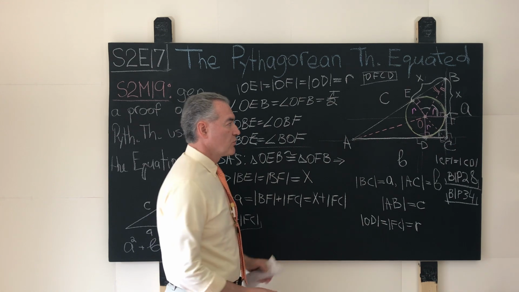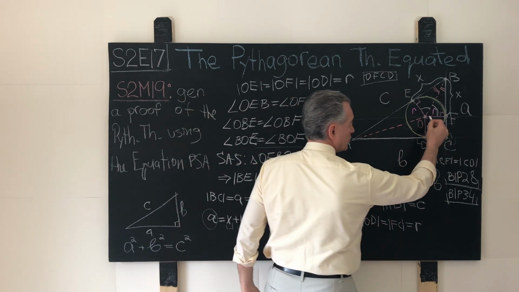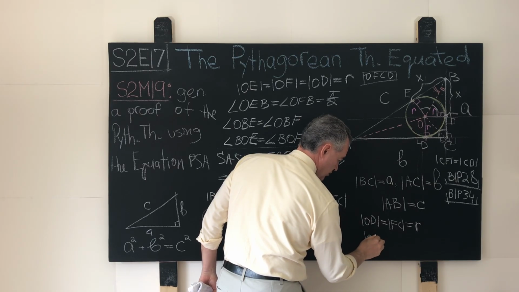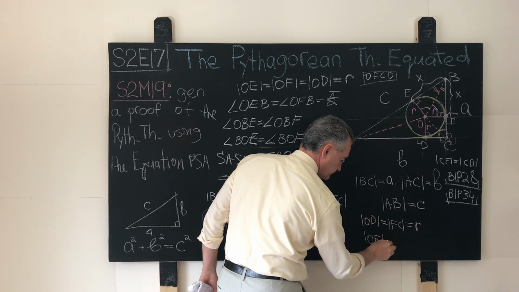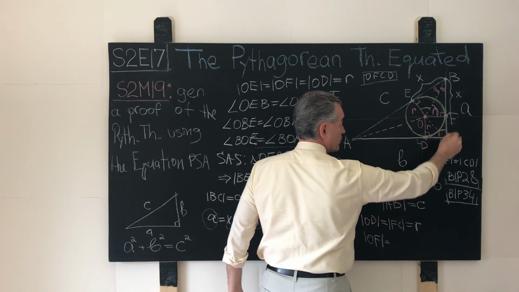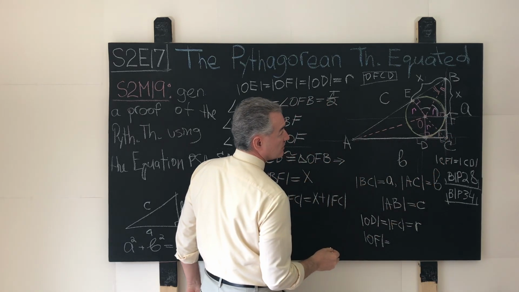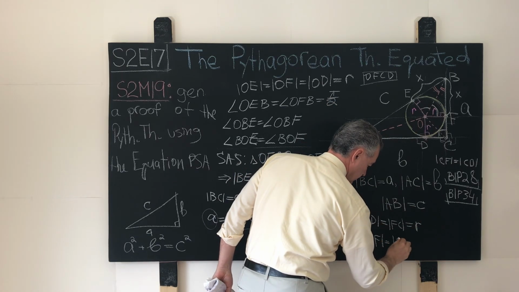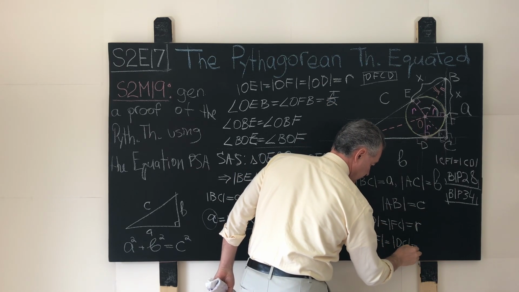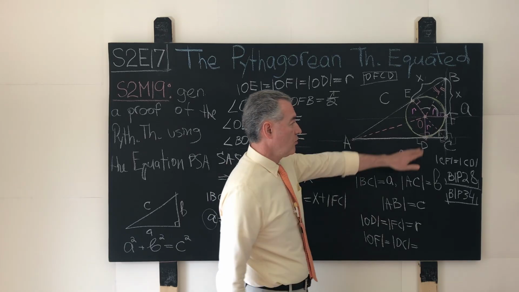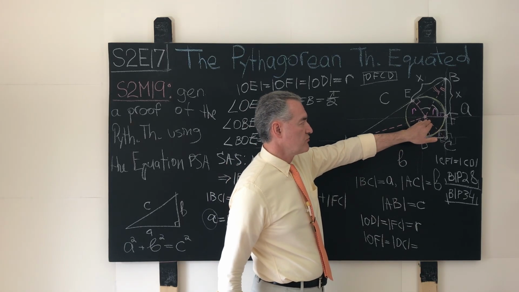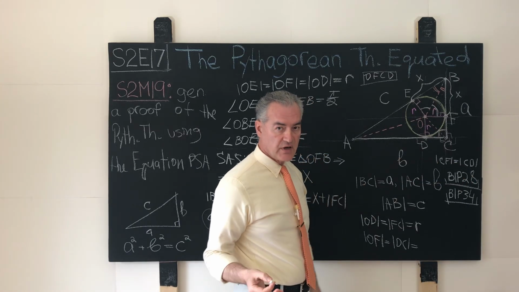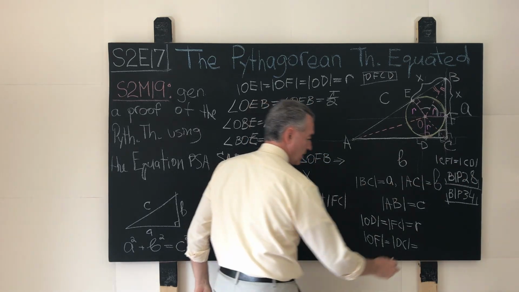And by the same token, the length of the line segment OF is equal to the length of the line segment DC, and that length is also equal to the length of the inradius of the triangle at hand.